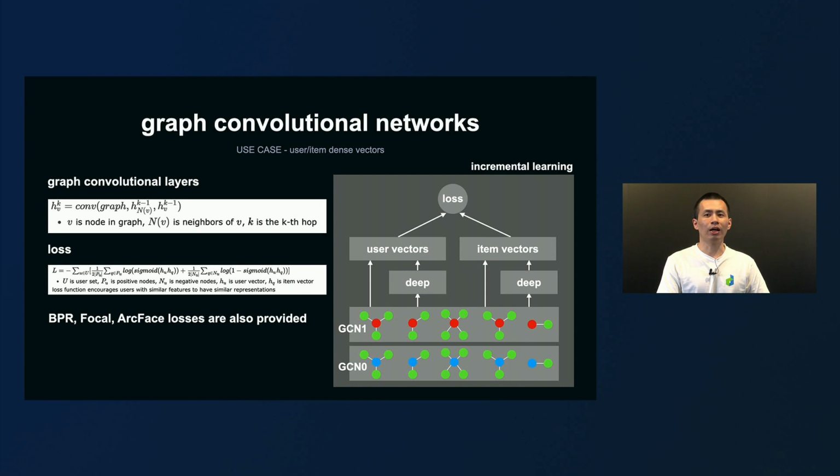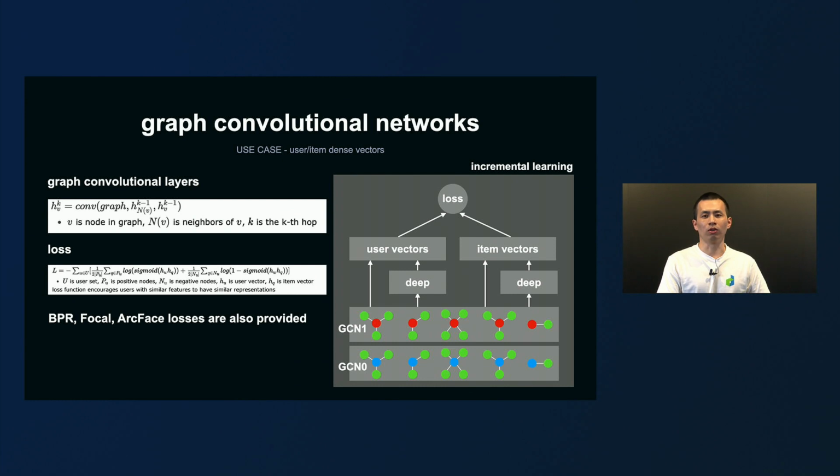This is a model architecture diagram. Below, the model information on adjacent nodes is gathered and dense vectors between the nodes are generated. On top of the model, wide and deep layers are applied and the final dense vector is generated. The loss used is cross entropy with negative sampling.